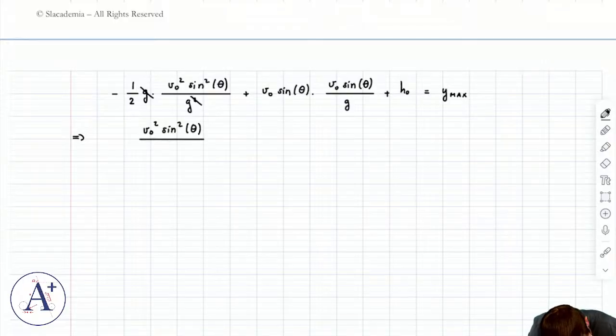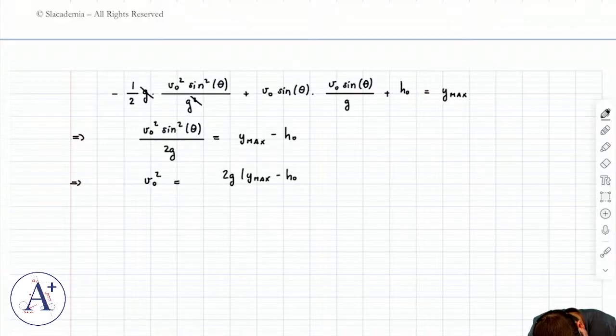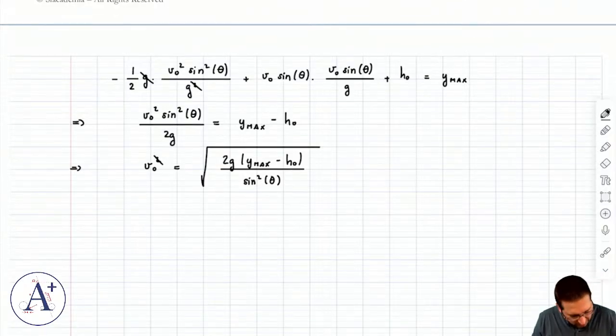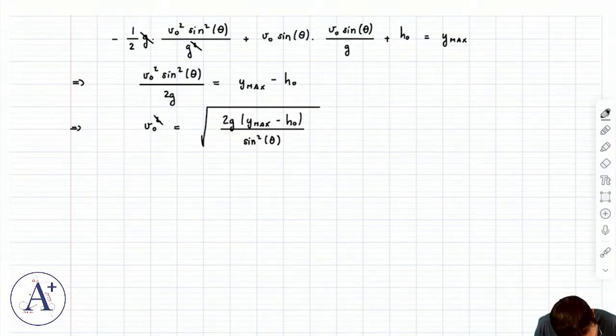We just did this before. And that's going to be equal to Y max minus H naught. And so if I want V0, it's going to be 2G times (Y max minus H naught) divided by sine squared theta, and I'll square root it, and I'll keep the positive value because I just want the speed, and don't want the negative root.